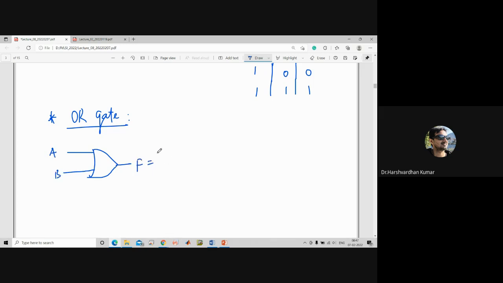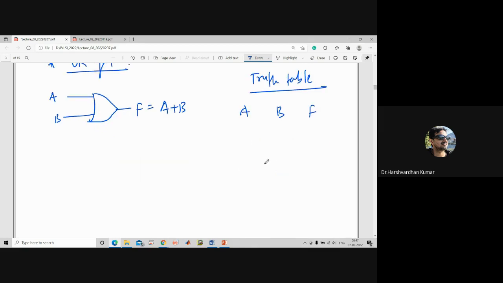F is equal to A plus B. Now we can build the truth table based on the function of the output: A, B and F. 0 0, 0 1, 1 0, 1 1.